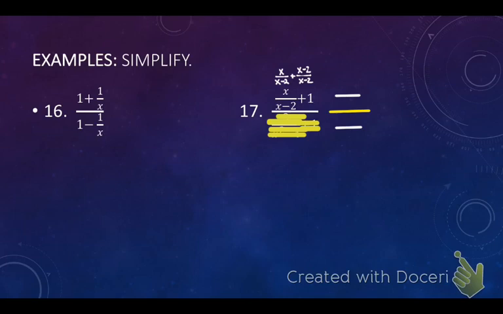So what's my denominator going to be right here? Because this is like my new problem. What's my denominator? X minus 2, right? So now x plus x is 2x minus 2.